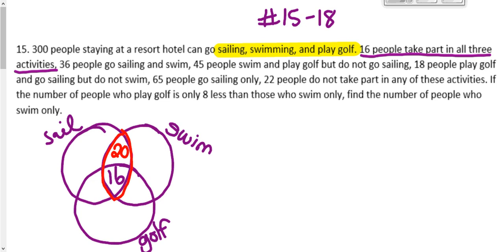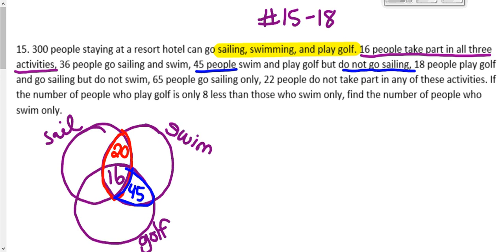Okay, and then we have the next thing that they say, 45 people swim and play golf, but do not go sailing. So they've already told us something here. They have already not included the sailing. So swim and play golf, but not sail is here. That number is 45. So you have to be really careful about the wording.